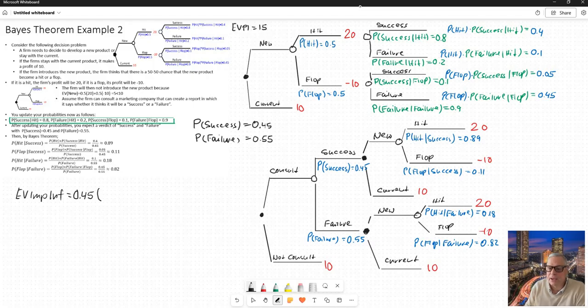And if they tell us it is a success, we expect with 89% probability, 0.89, a gain or profit of 20, but also with an 11% probability, a loss of 10.